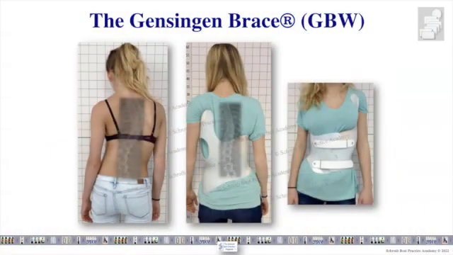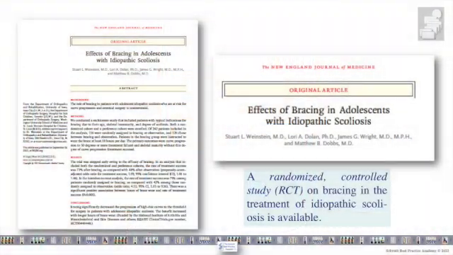Now let's have a look at brace treatment. Brace treatment is also supported by some prospective cohort studies, as well as by a randomized controlled trial by Weinstein and co-workers.